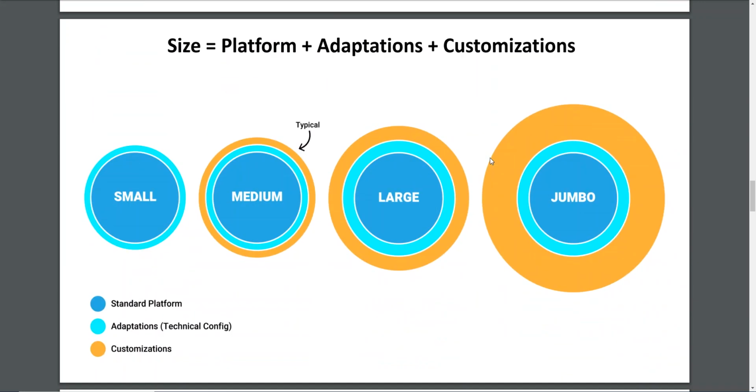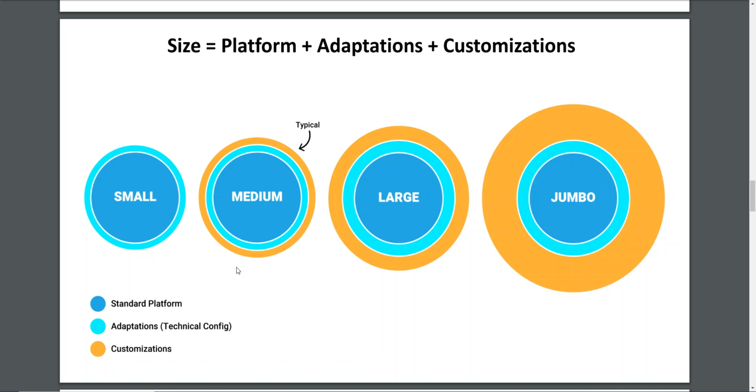If you look at the size of an overall solution, the solution is basically a platform plus adaptations. So the blue part is the platform, which varies based on what I just described above. The light blue next circle is the adaptations or technical configurations that go along with the platform. So that's doing settings and tweaks and modifying it within a set of technical configurations.